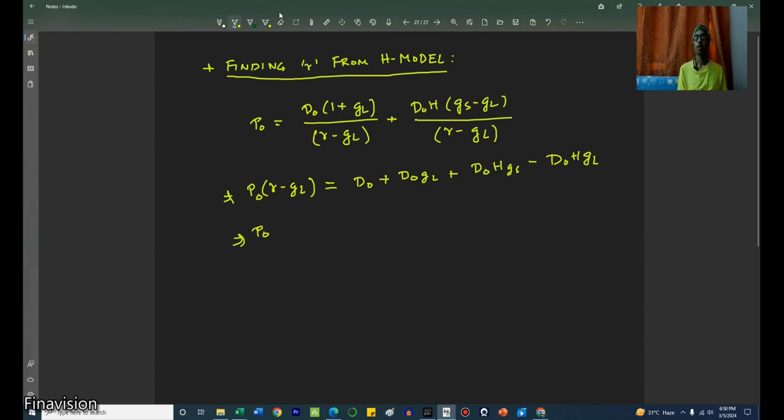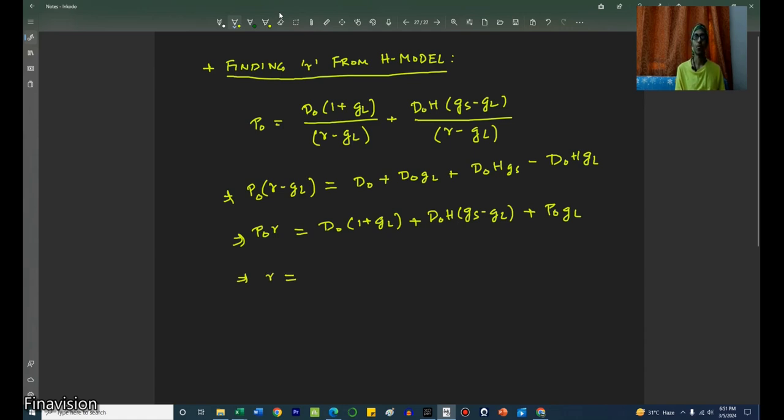P0 into R is equal to D0 into (1 plus GL) plus D0 into H into (GS minus GL) plus P0 into GL. The expression which was on the left side, we brought it on the right side. Now we divide both sides by P0 to get the R.